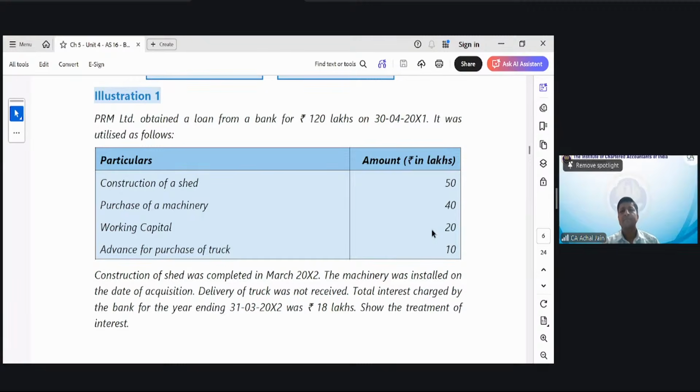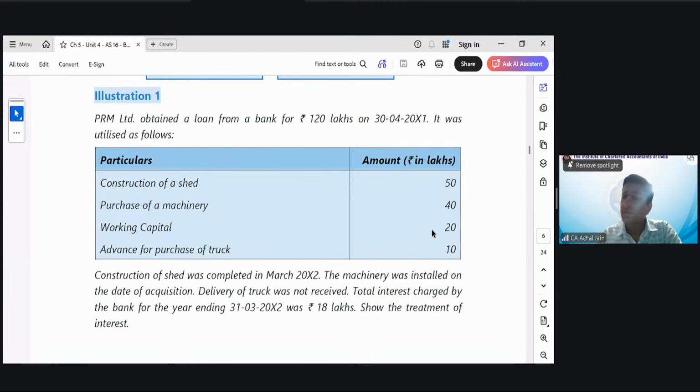It will come under P&L. Because the construction of shed was completed within 12 months, that is a substantial period of time, so this is treated as a qualifying asset. Also, the interest will be going to the P&L.